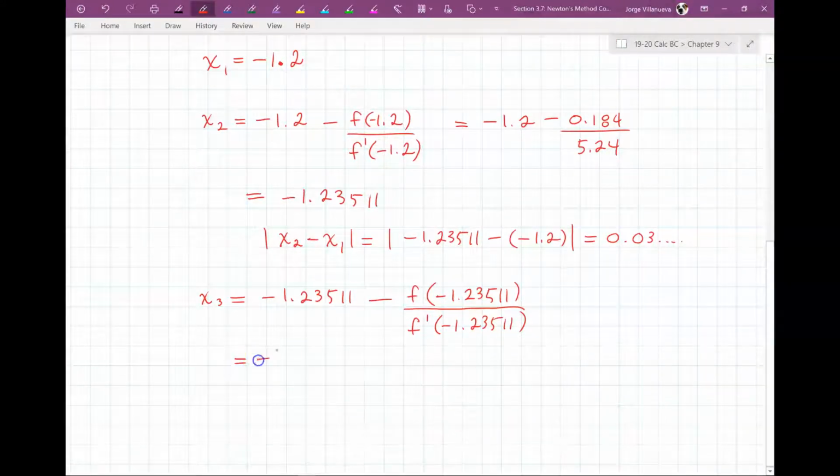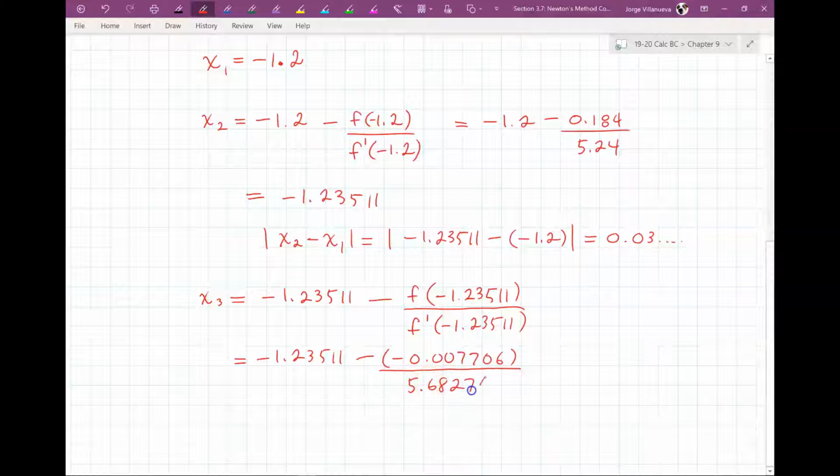So this is negative 1.23511 minus negative 0.007706. I do write a lot of digits because I'm trying to be accurate, since I need my accuracy to be in the 10,000ths, right? And then on the bottom, it's 5.68276. And this is equal to negative 1.23375.